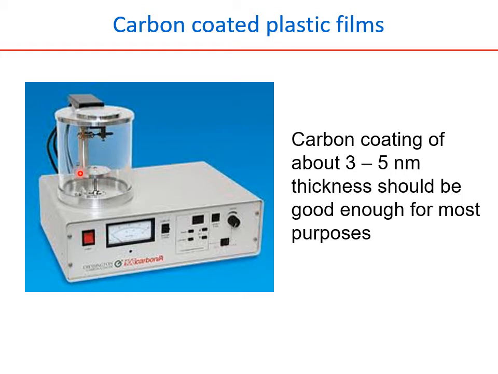That depends on what grids you are placing here. If you place bare copper grids here, you are going to get copper grids with the carbon coating on them. And if you place copper grids coated with a plastic film, what you are going to get is the copper grids with plastic film and carbon coating on it.